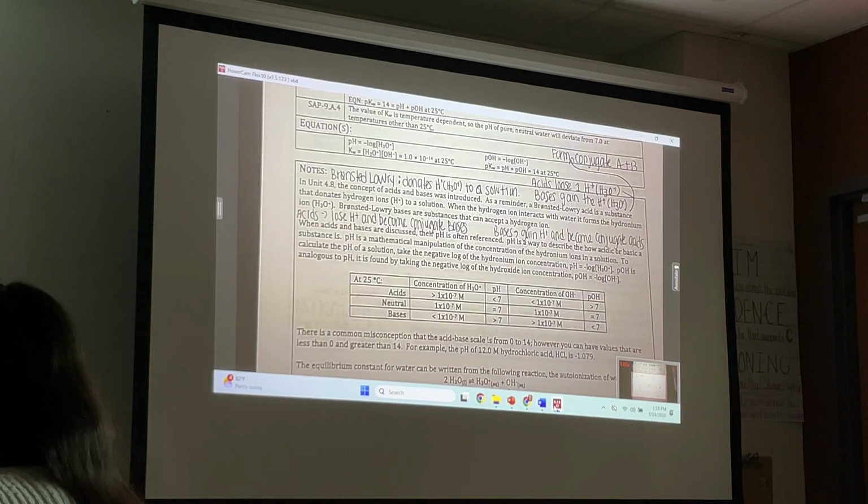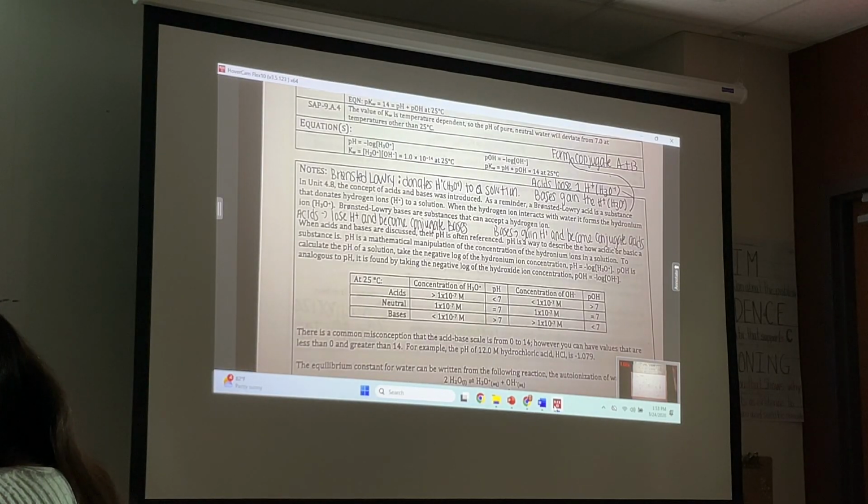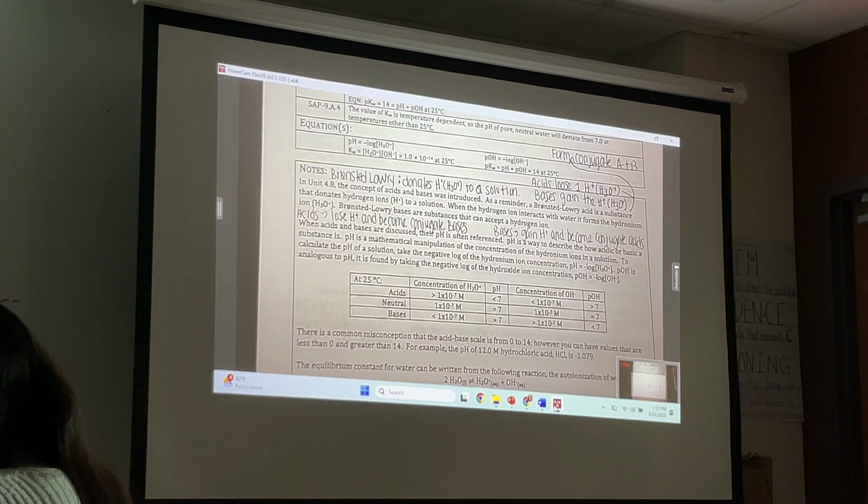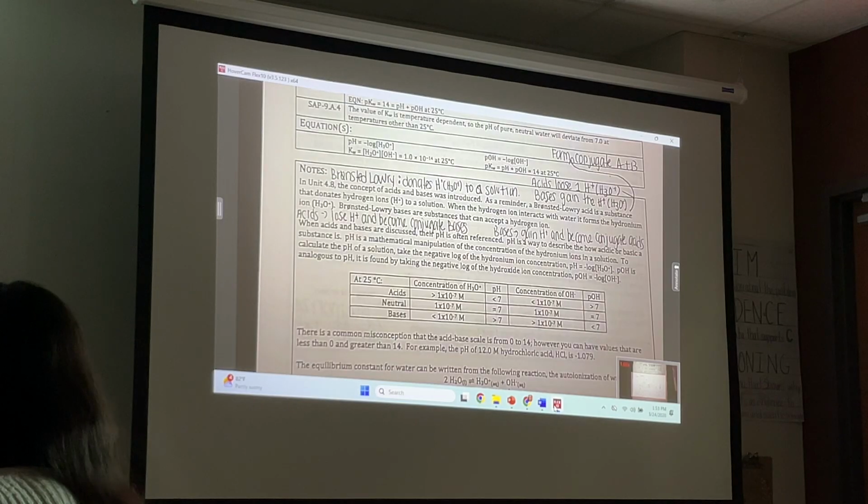So we're going to practice more of our conjugate acids and our conjugate bases as we progress further into this one. I believe also in baby chem we identified what was what from our type of reactions as well.